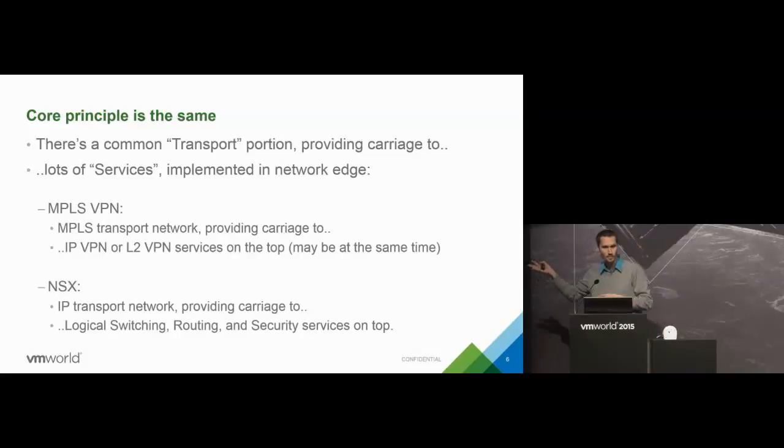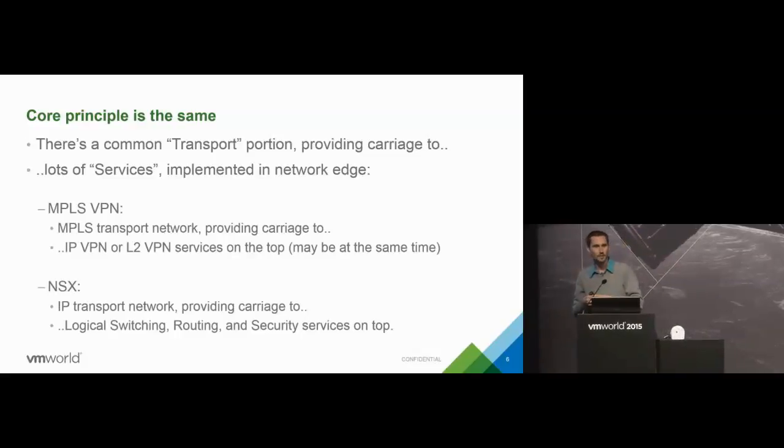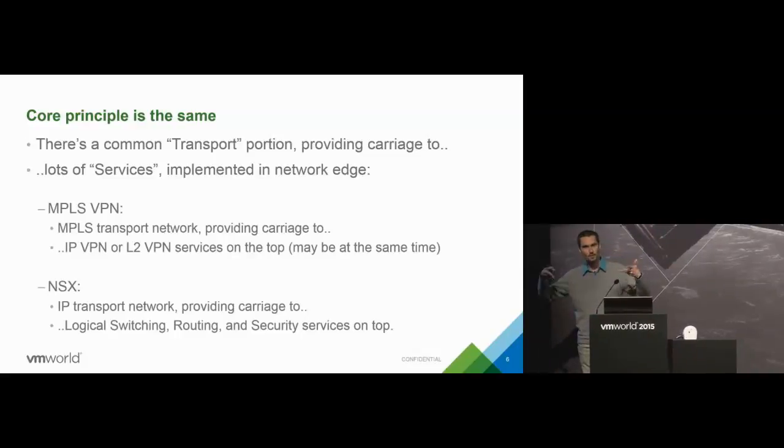In the MPLS VPN case, the MPLS transport network is the resource pool, and on top of it you have a variety of services like layer 3 VPNs, layer 2 VPNs, or a mix thereof. With NSX, it's the same. We have an IP transport network, and logical switching, routing, and security as other services that use that to provide the connectivity to your applications.